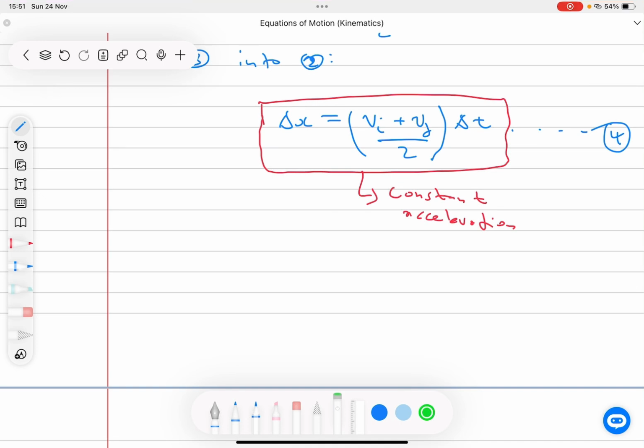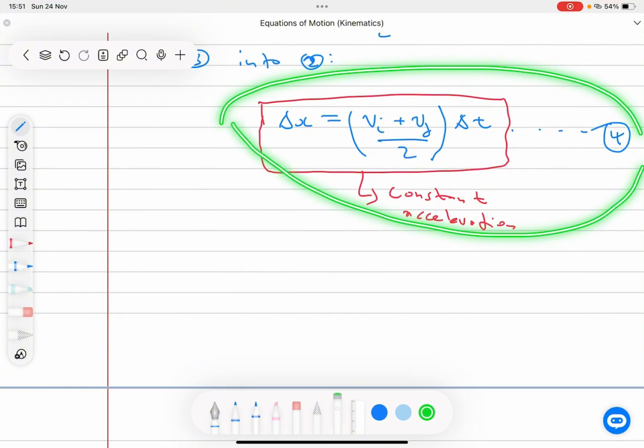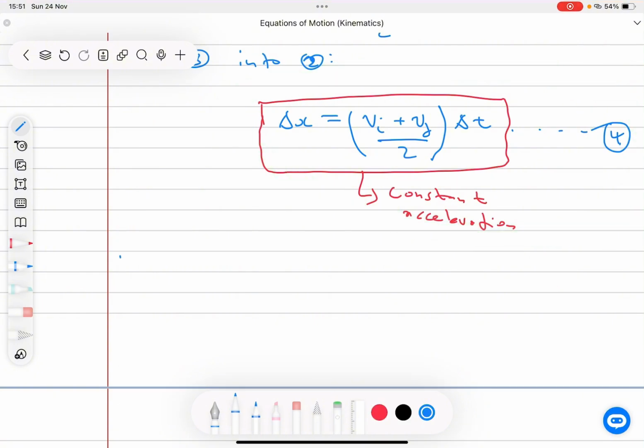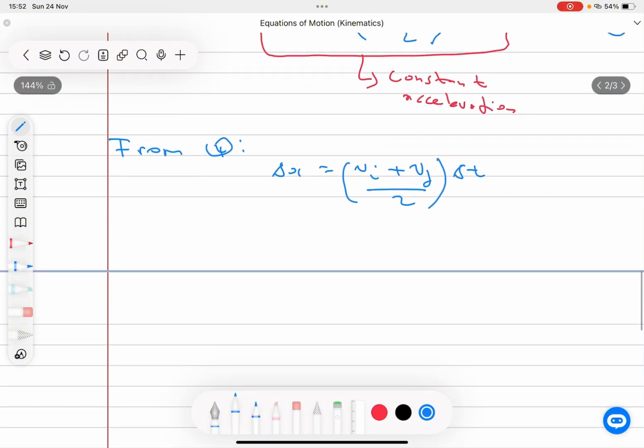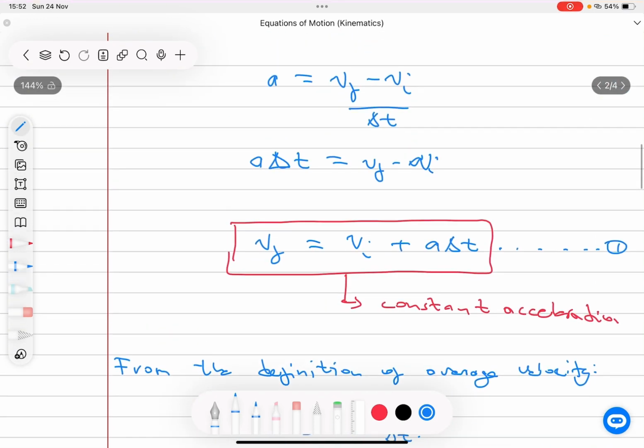Well, if I take equation 4 that we just derived, meaning from equation 4, which is defined by change in x is equal to initial velocity plus final velocity over 2, divided by change in t, then I substitute equation 1 here.